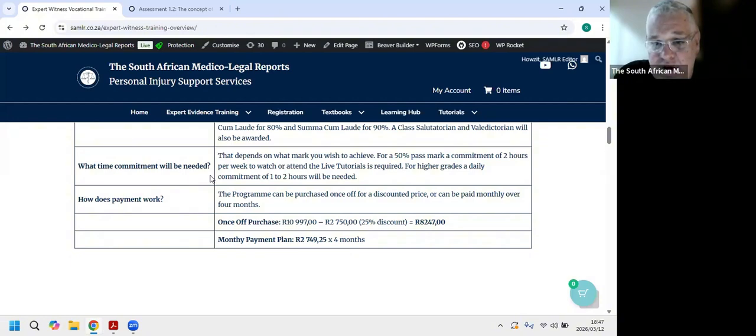For a 50% pass mark, a commitment of 2 hours per week to watch or attend the live tutorials is required. For higher grades, a daily commitment of 1 to 2 hours will be needed to go through that content. Or if you want to do it on your weekends, you can spend a morning going through that work, and then you will be in line for one of the higher honors, which is a distinction or the cum laude or the summa cum laude.